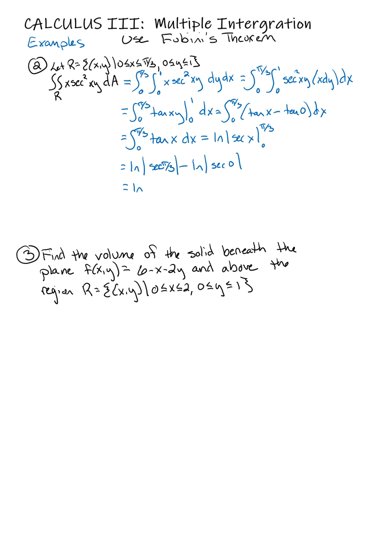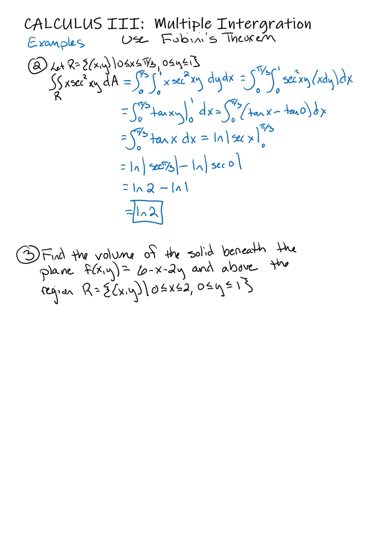Remember, that's the reciprocal of the cosine of pi over 3, which gives us 2, minus the natural log of the secant of 0. Again, that's the reciprocal of the cosine of 0. That's 1. And the natural log of 1 is 0. So we end up with the natural log of 2. All right, not so bad. Let's take a look at the next example.